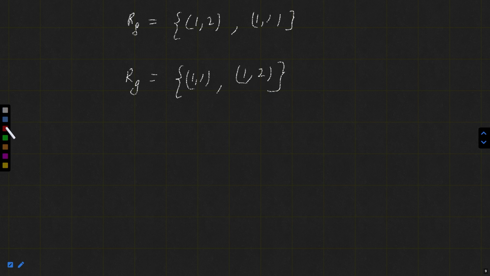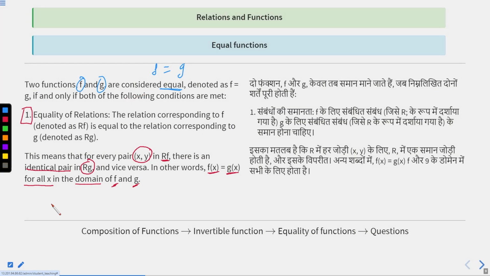Pick any pair over here and you will have the identical pair in Rg. So that's the first point, the equality of relation, or in other words, f(x) is equal to g(x) for every x in the domain of f and g.